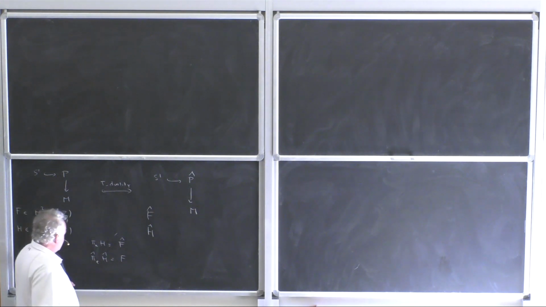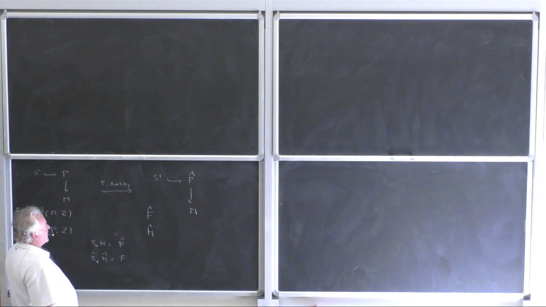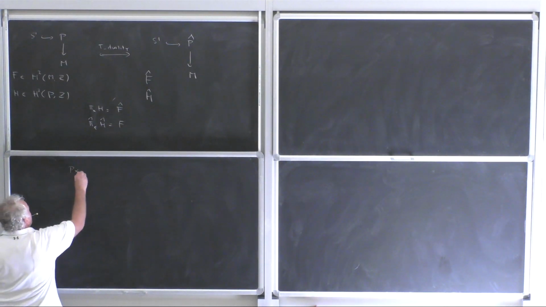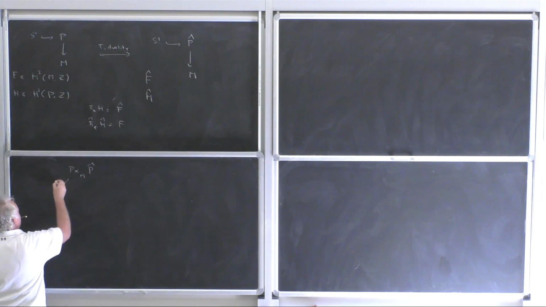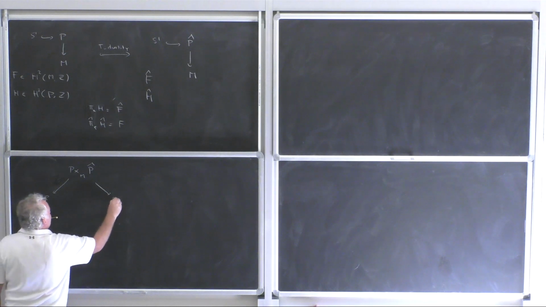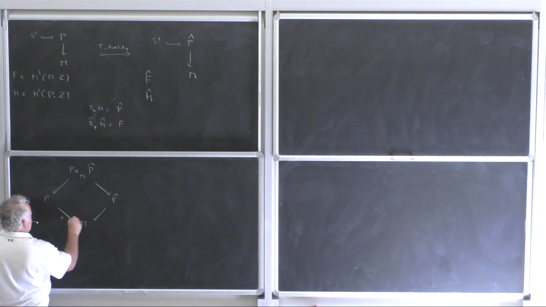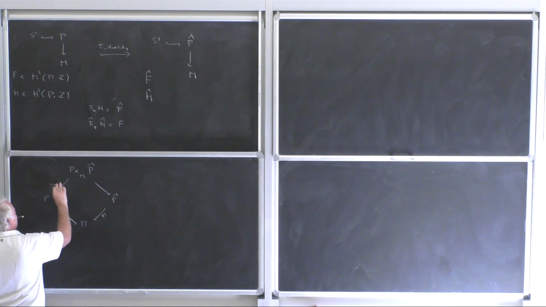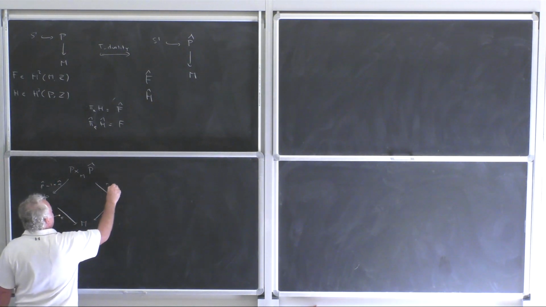Now I said that doesn't determine H hat given F and H, and what I told you is that the procedure is to look at the correspondence space. So there are two projections. The projections here are just one tensor pi. Let's call it p hat, and here pi tensor 1.